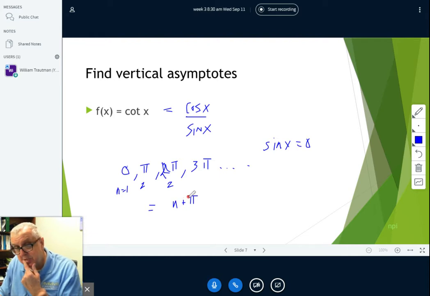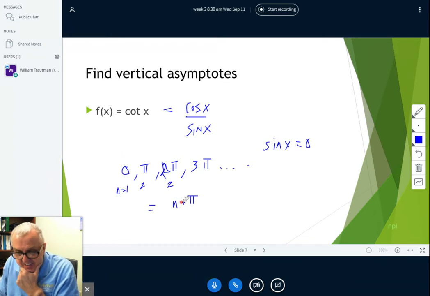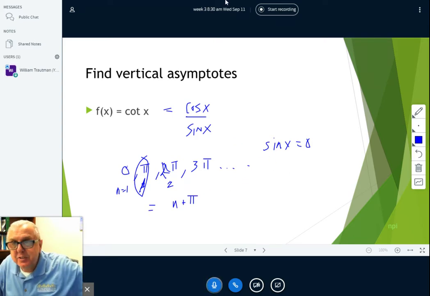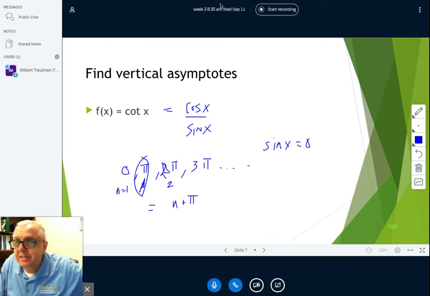Maybe I should put... I'm trying to figure it out. If n is 1, we're at pi, n is 2. You'd have to write it another way. There's got to be an easier way to write this.